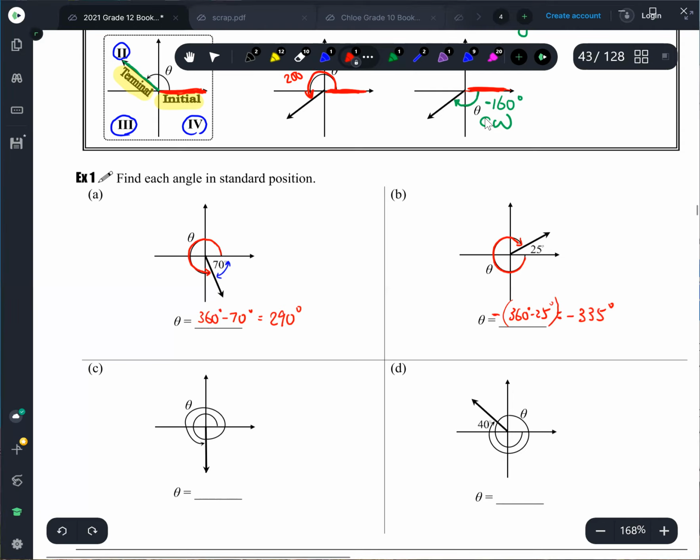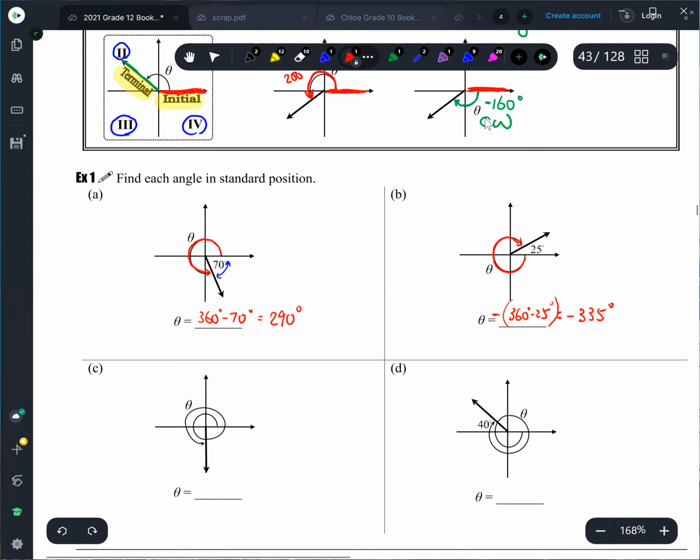Is it 630? 630. How did you find that? 360, and then you added, because that's like one circle, and you add 270. Okay, very good. Okay, so make a full circle first, and we're not there yet. So we keep on adding a 3/4 of a circle.